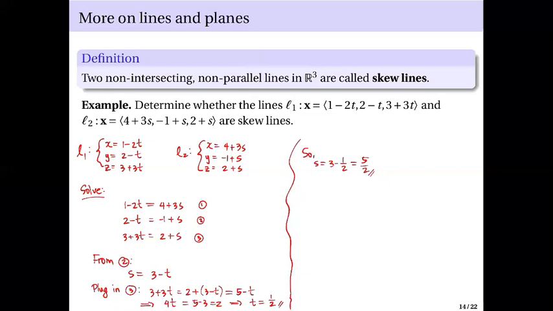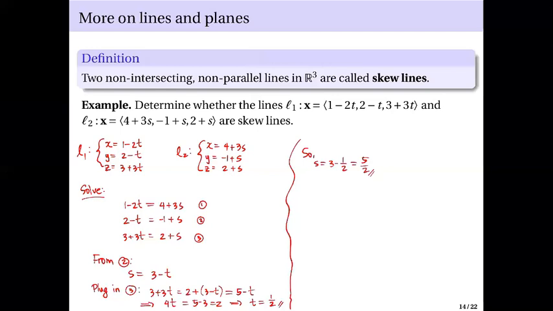What we're going to do is to verify that this s and t will solve this system. Now, we already used equations 2 and 3. So let's use equation 1 to verify whether s and t will solve it.